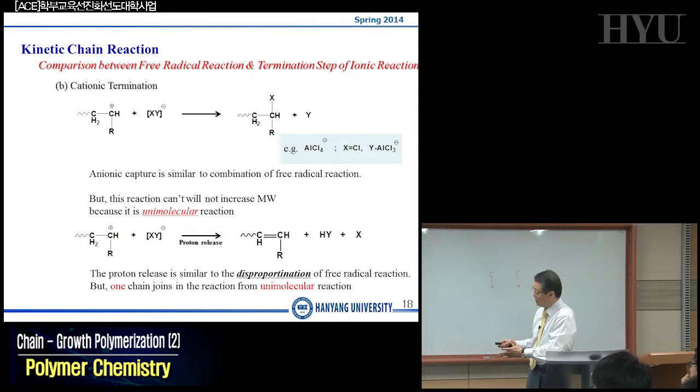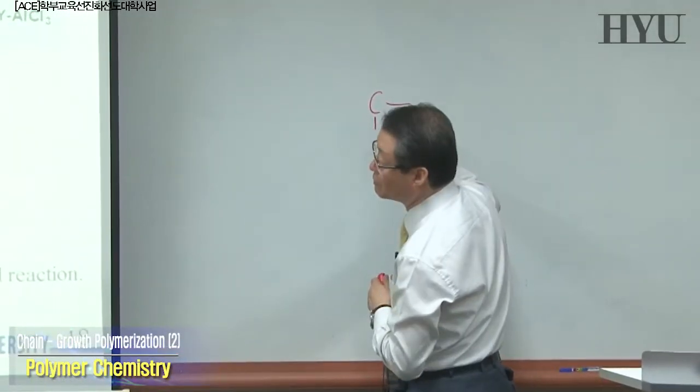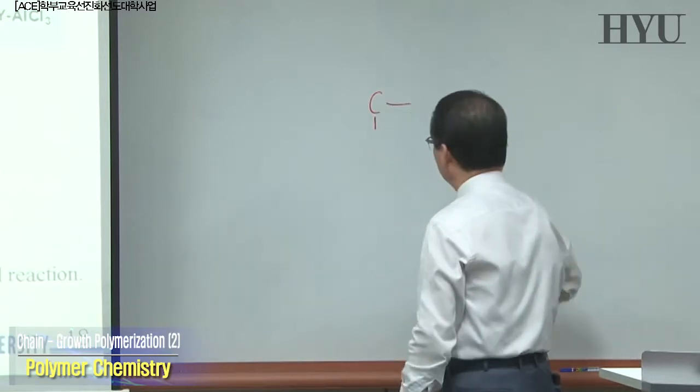Disproportionation reaction can also be formed, where you have a double bond formation from the hydride elimination, where one of these H minus ions will be moved to here. H plus proton release. In other words, I have a CH.